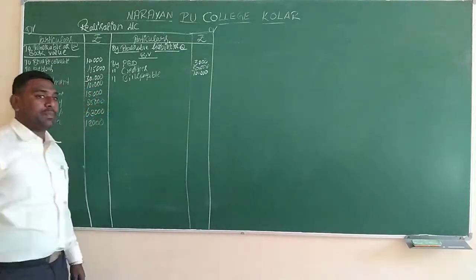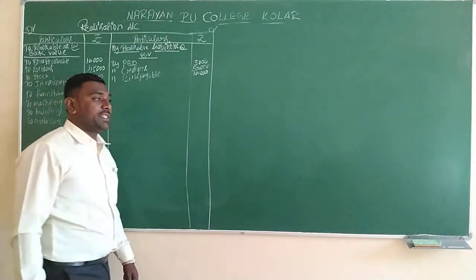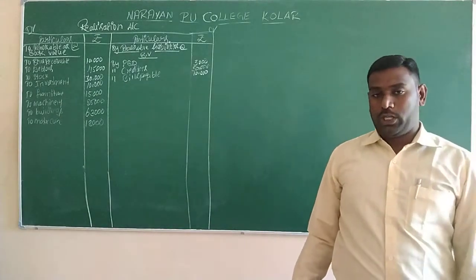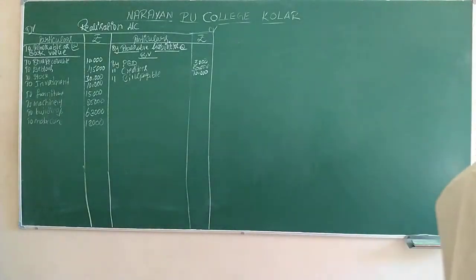This is step number 1 and step number 2, the information available in the previous balance sheet, which we have to record.